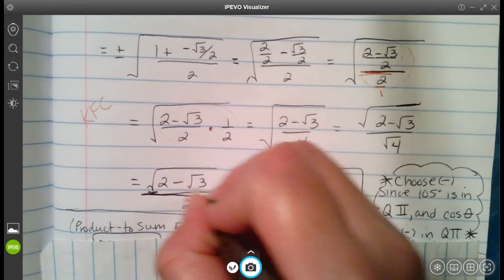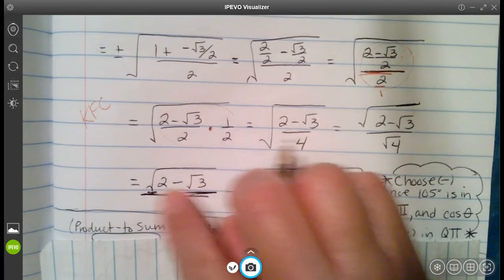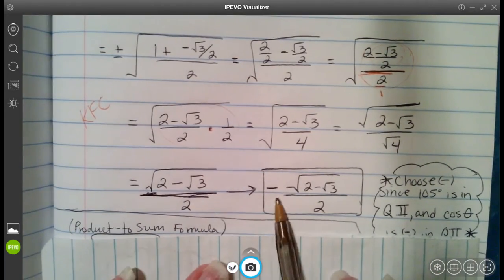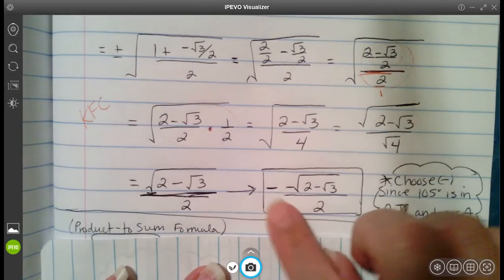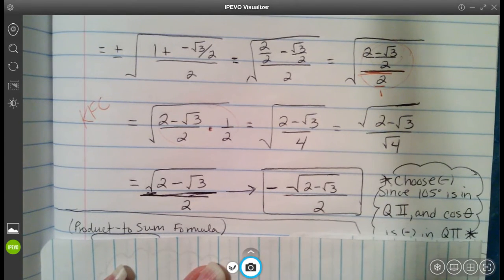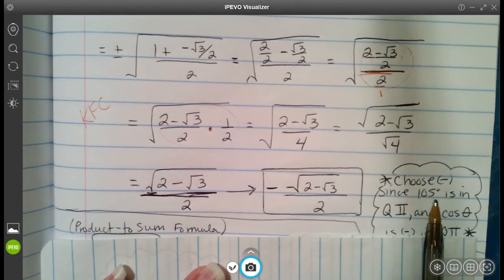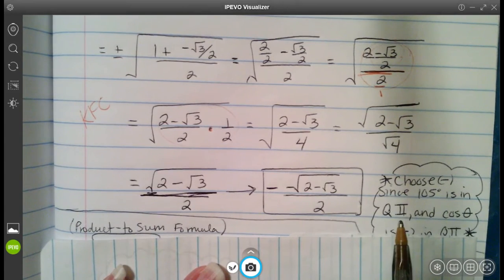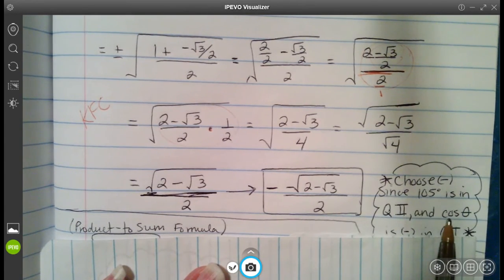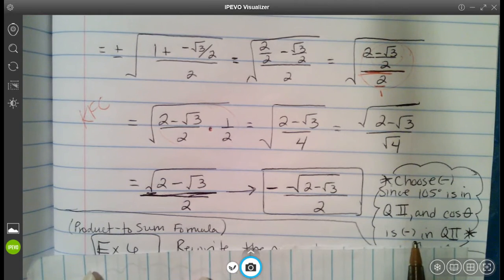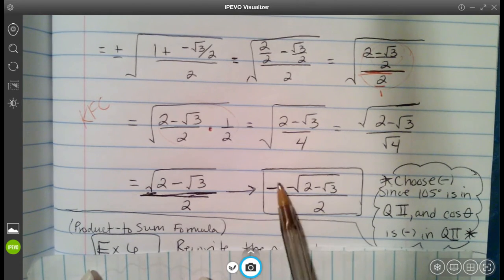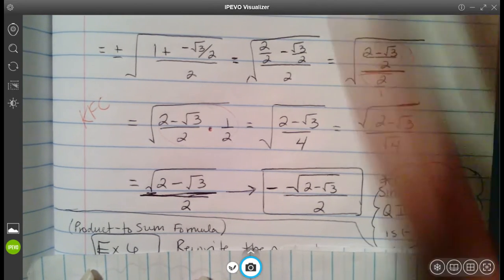So make sure that the root is only on the top. And finally, I went ahead and said we're going to use the negative 1 because our original angle, 105 degrees, is in quadrant 2. And in quadrant 2, cosine, which is the x value, is negative. So that's why we chose the negative 1 for this one.